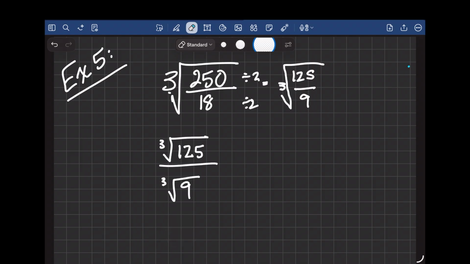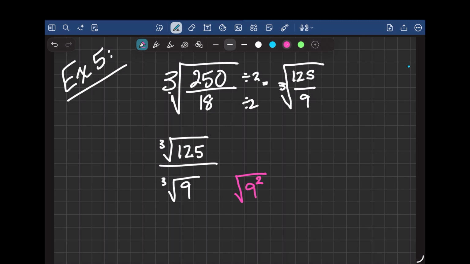So now what I want to do is think about a way that I could get 3 matching numbers on the bottom. Okay, well, you've got 2 different ways to do that. I could say, hey, I've got 1 9 here. What if I multiply by 2 9s over here? If I did that, now I have 3 9s inside the radical, and I could have 9 as my whole number over here.